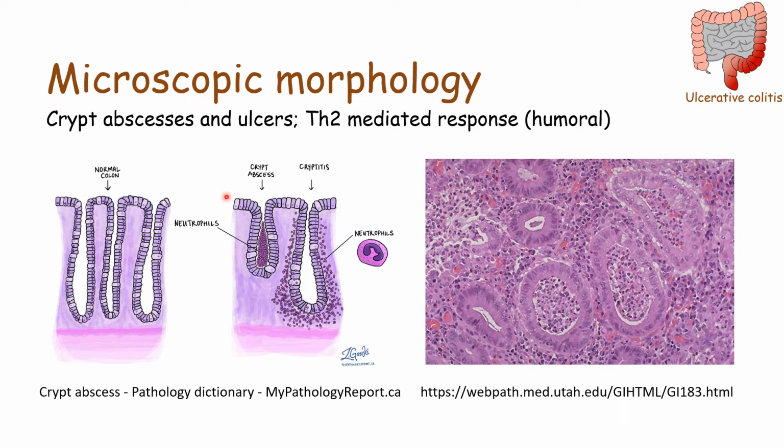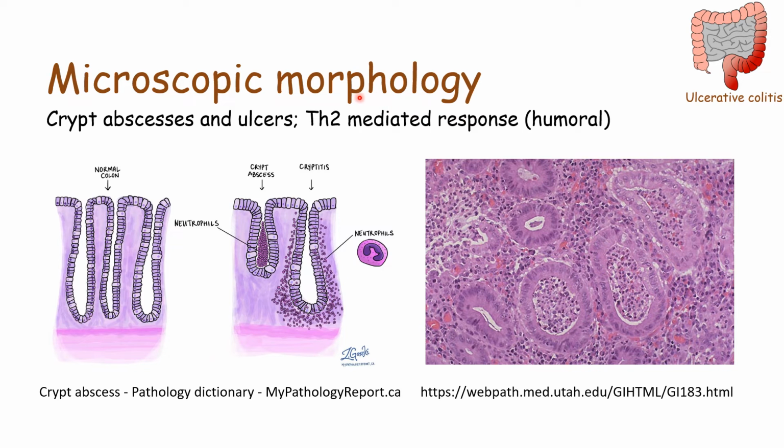And in ulcerative colitis, because of the extensive inflammation, we have a lot of neutrophils in the area, and they can end up essentially clogging these pits and forming abscesses. So this here is a crypt abscess. And now in a histology slide, what it would look like. So for example, here we have a crypt, and inside a bunch of neutrophils. So this is a crypt abscess.